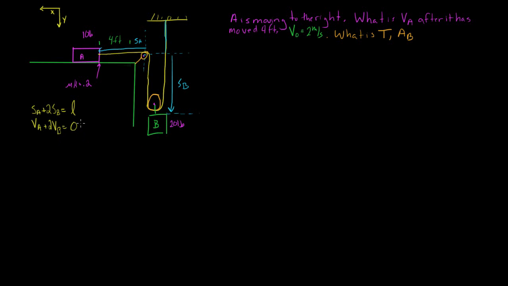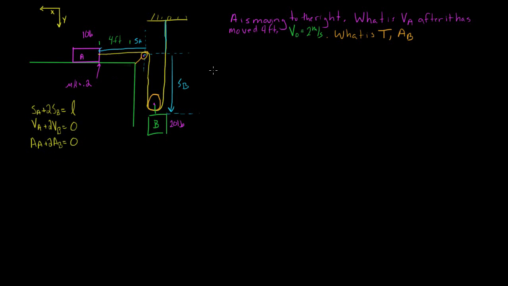The constant length of rope L becomes 0 because any constant that's differentiated is 0. If we differentiate again with respect to time, we get the acceleration of A plus 2 times the acceleration of B is equal to 0. This is the relationship between the accelerations of these two blocks.